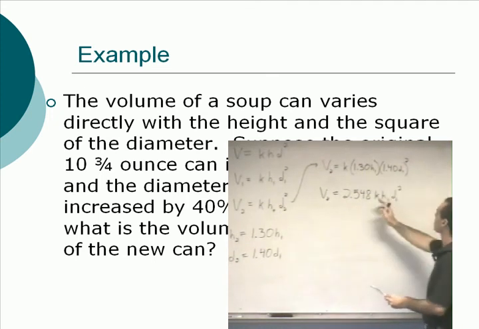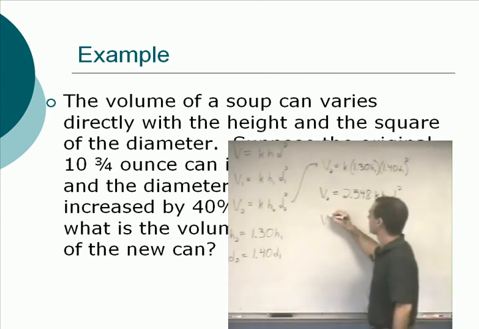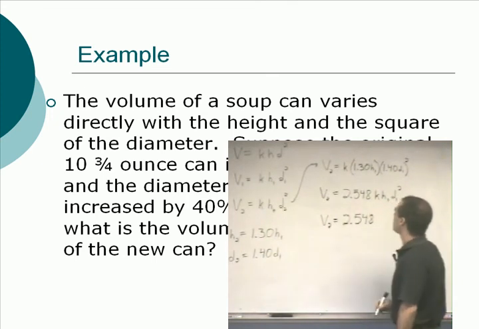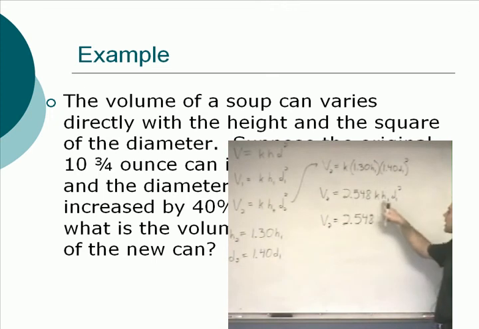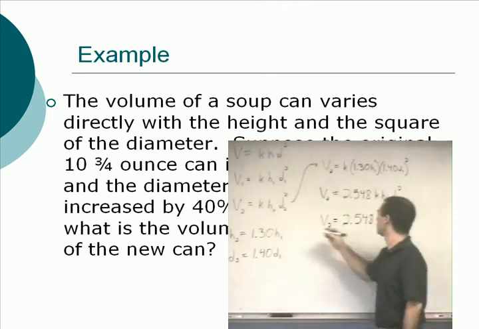H1 and D1 squared float to the back because we have a name for K, H1, D1 squared. 2.548 times what is K H D1 squared? That's just our original volume.